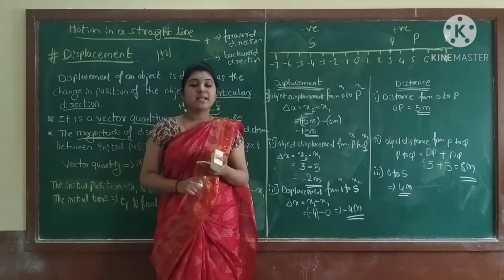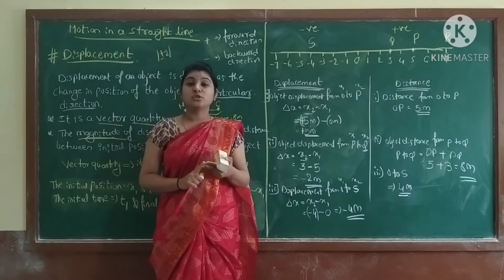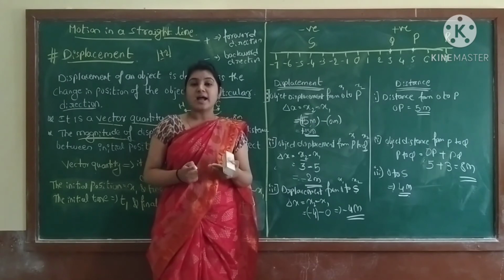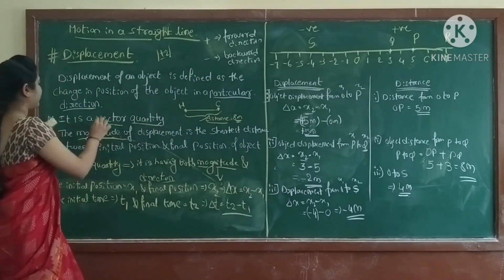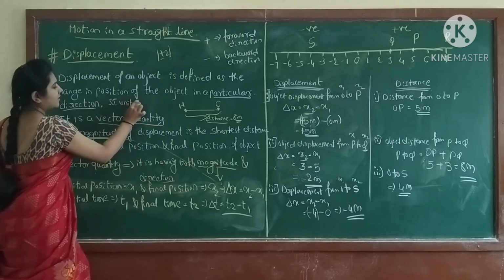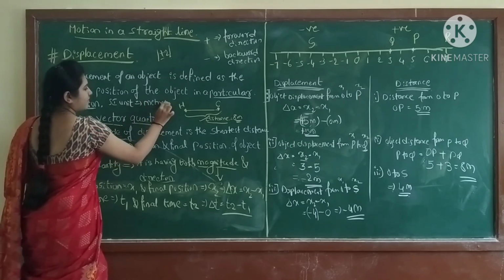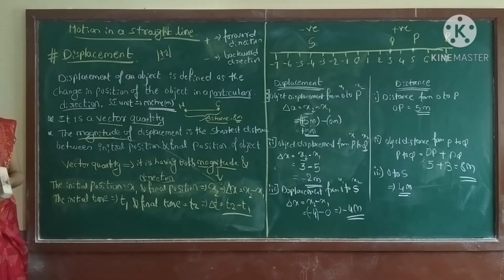Yes, a slight difference. So we discussed displacement today. Displacement is a vector quantity. It has both the magnitude and also the direction, right? And the SI unit of displacement, here I will write, SI unit is meter. Yes, it is also meter, right?